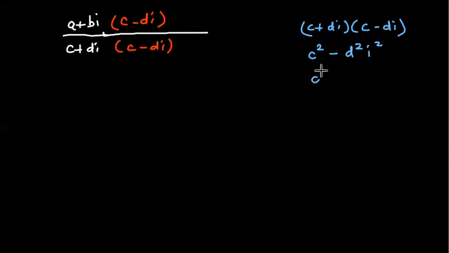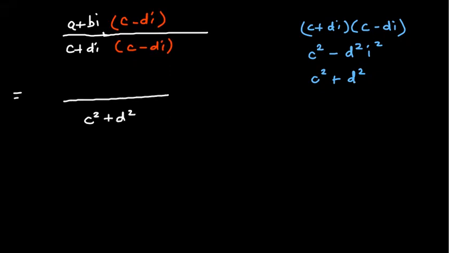And that's going to be c squared plus d squared, because i squared is -1. So that's my denominator. In my denominator, I'm going to end up with c squared plus d squared.